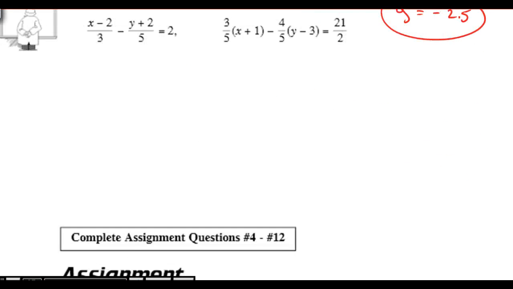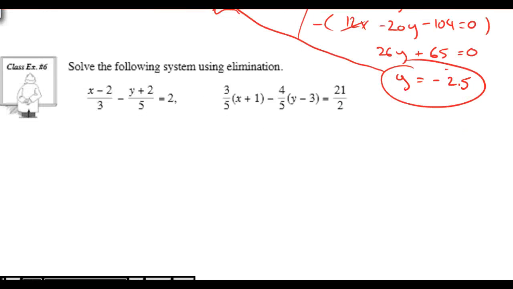I'm going to jump to this last example, this hard one here that involves fractions. Again, you need to make sure everything's consistent. Now, the one thing I would do is get rid of my denominators because that's just going to make my life easier. So again, multiply everything by 15 here, and that's going to get rid of the denominators. That's going to be a 5, that's going to be a 3, and that's going to stay as a 15.